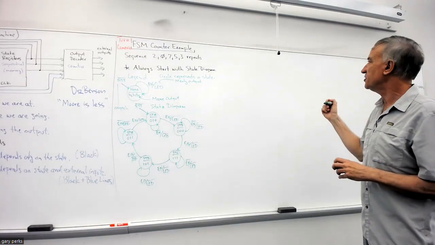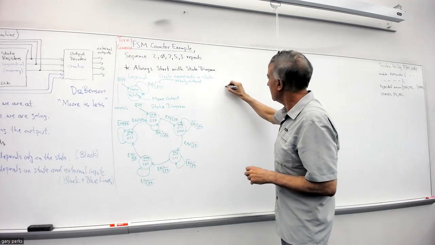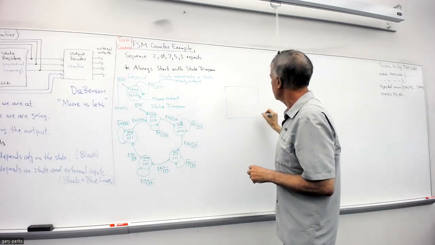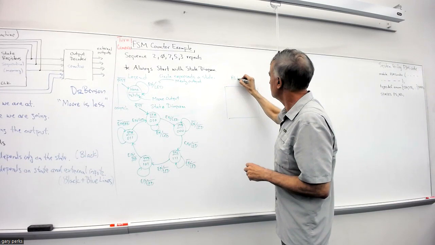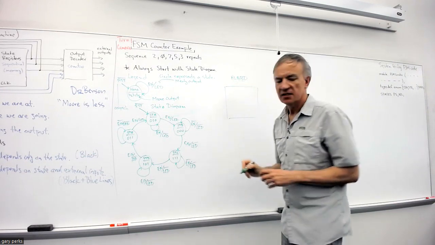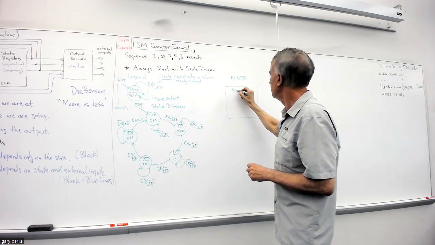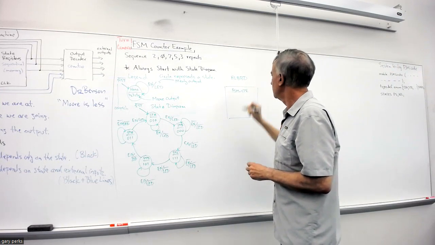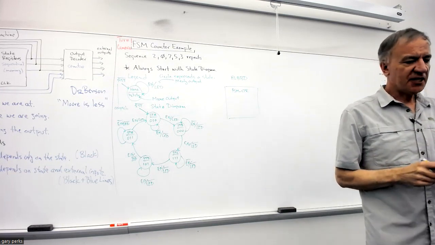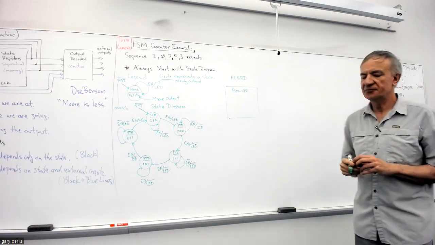The next thing before we do the code is, let's look at what the high-level black box diagram would look like. High-level black box diagram. This is our FSM counter. So what kind of inputs do we have here?